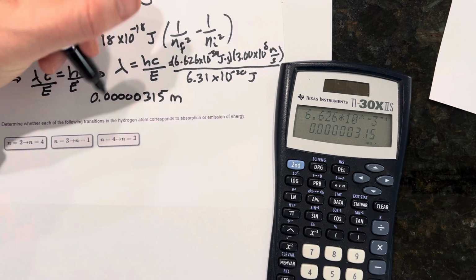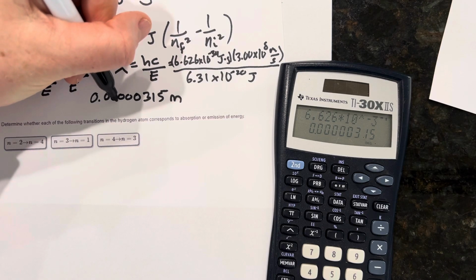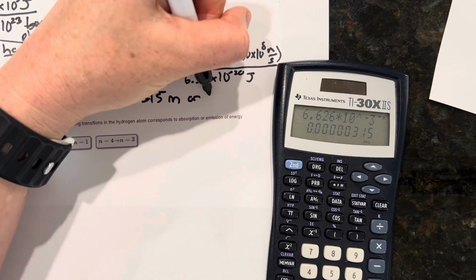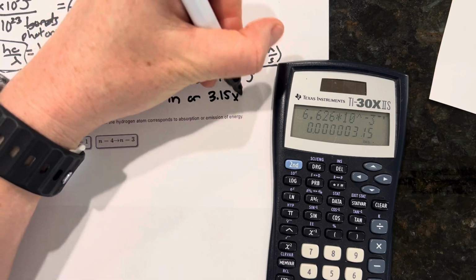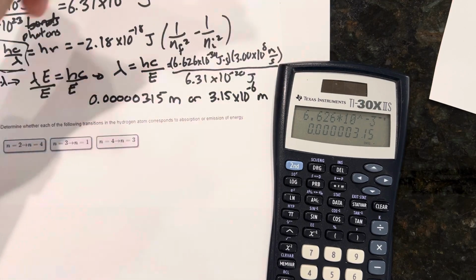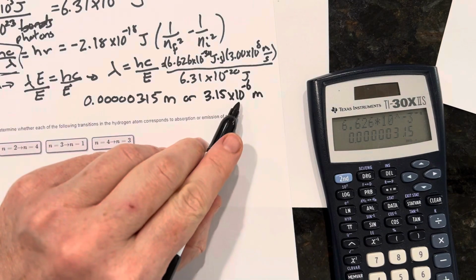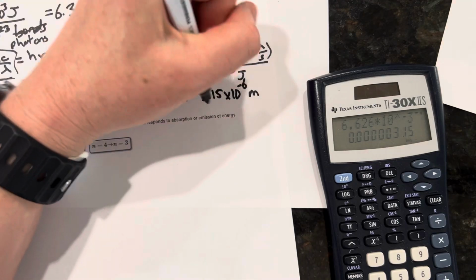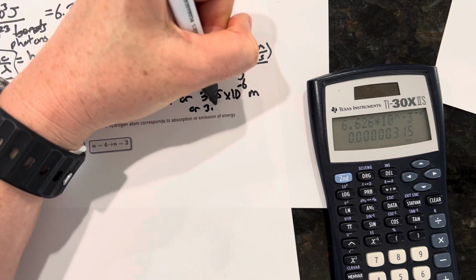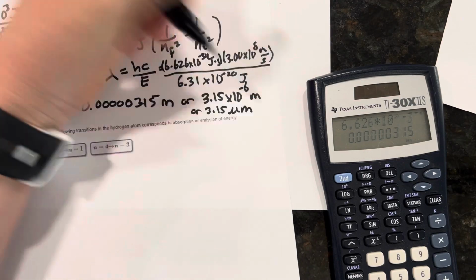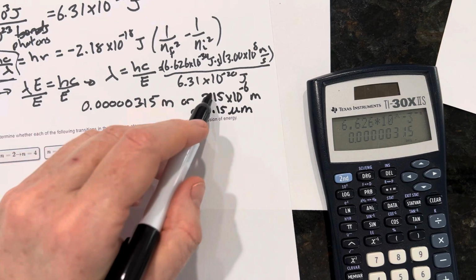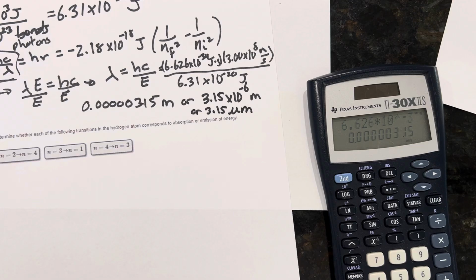Another way to put that would be to move this 1, 2, 3, 4, 5, 6 times. So it would be 3.15 times 10 to the negative 6 meters. Actually, now I'm thinking they probably put it in micrometers because this would be an easy switch. Remember, times 10 to the negative 6 equals micro, or 3.15 micrometers. So depending on what the question asks for, all of these three answers are reasonable.